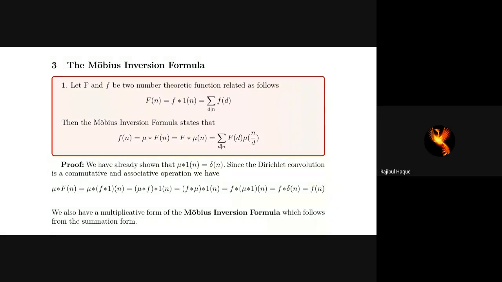The Mobius inversion formula states that if capital F and small f are two number theoretic functions, which are the same as arithmetic functions, just another name, and they follow the relation capital F(n) equals small f Dirichlet product 1 at n, that is, capital F(n) is the summation of small f(d) over d divides n, then using the Mobius inversion formula, we can say that small f(n) is the Dirichlet product of mu and capital F at n, which is the sum over d divides n of capital F(d) mu(n/d).